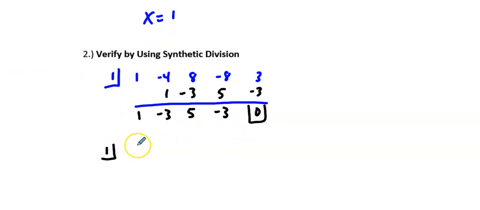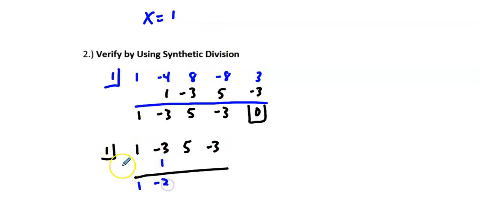So we'll still use 1, but now we're going to use 1, -3, 5, and -3. So we're still going to drop the first value. Now multiply, add, multiply, add, multiply. When we add, we get our second remainder of 0.